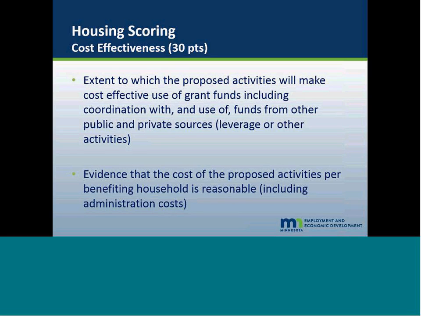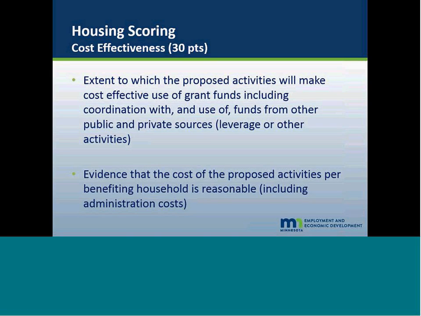Cost is the last category with an excess of 30 points. So you want to elaborate to the extent this proposed activities will make cost-effective use of grant funds. You could include coordination and use of funds from other public and private sources to leverage. The cost of the proposed activities per households is reasonable.